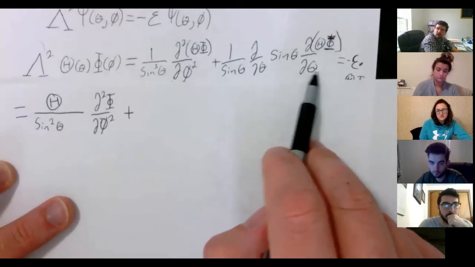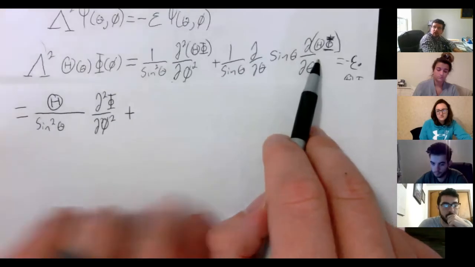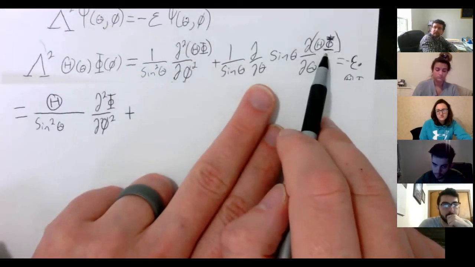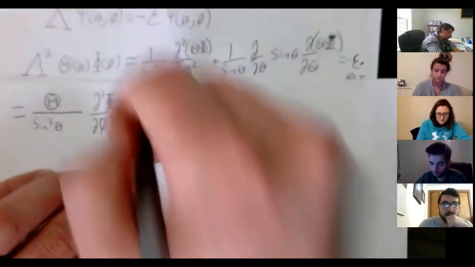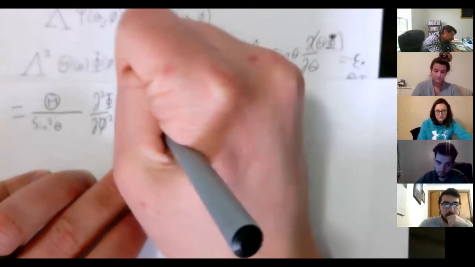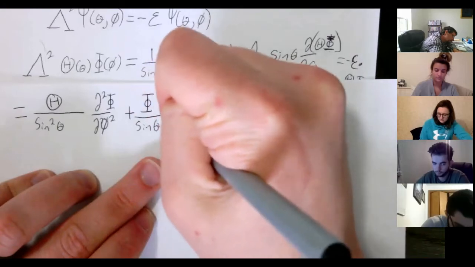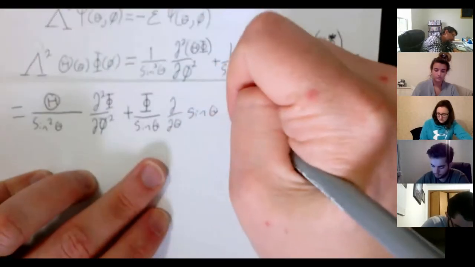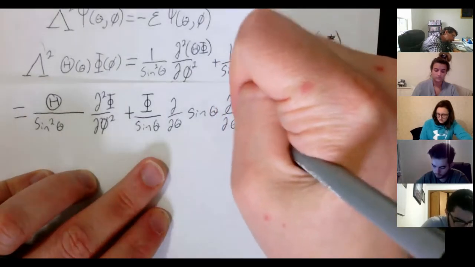And we're differentiating with respect to theta. So what can we do with this differential? We can pull that phi function out, throw it right out front. So we get sine theta d theta, sine theta d theta, capital theta.